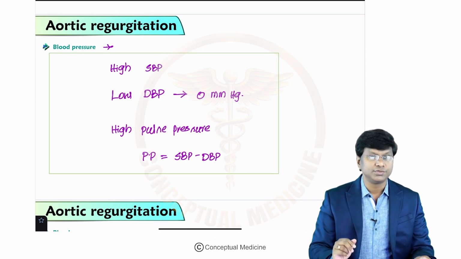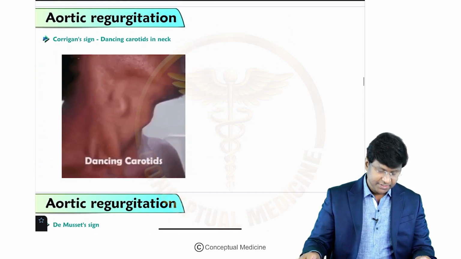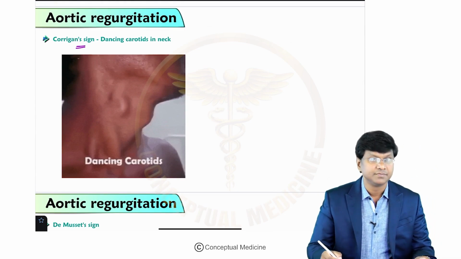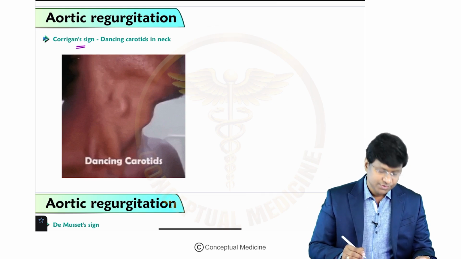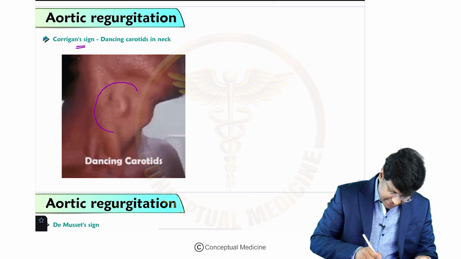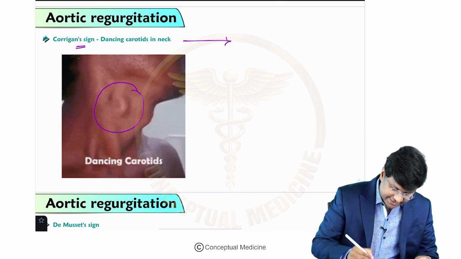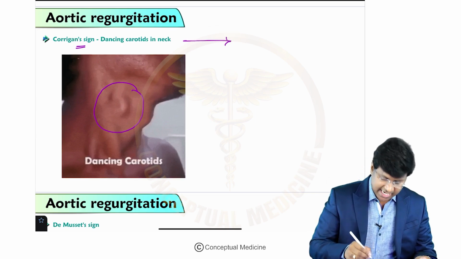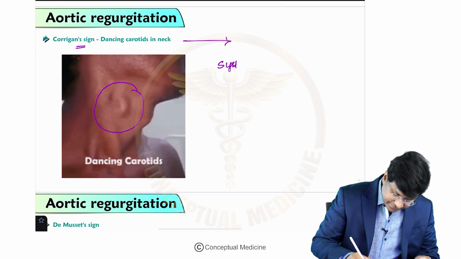Now, we will move on to the neck. If you see the signs in the neck, a very important sign is Corrigan's sign. This Corrigan's sign is nothing but the dancing carotid. You can observe this prominent carotid artery. The dancing carotids in the neck are seen in aortic regurgitation, that is during systole.